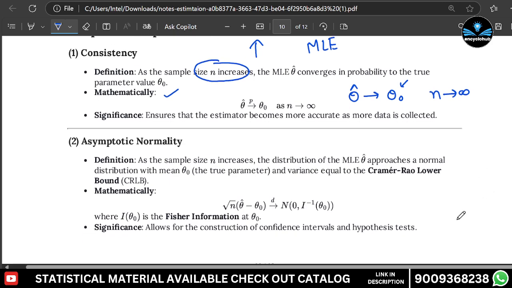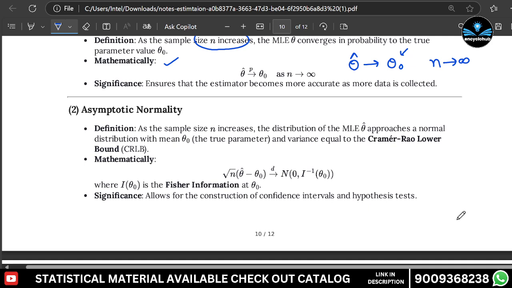Now the second one is asymptotic normality. This is similar to consistency, but here, as n increases, the distribution of the MLE approaches a normal distribution with mean theta 0 and variance equal to the Cramer-Rao lower bound.